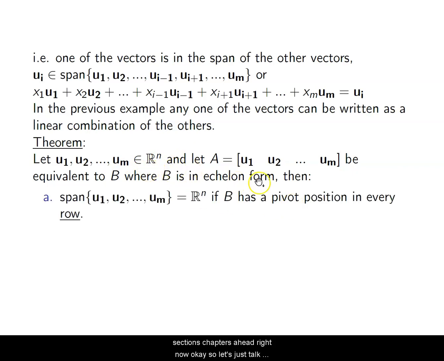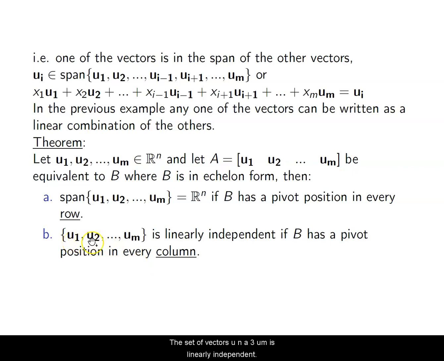So let's just talk about this A matrix and the echelon form of A, which we are calling B. The span of the column vectors of A is equal to Rn, it generates the entire space, if the echelon form of A has a pivot position in every row. Every row.